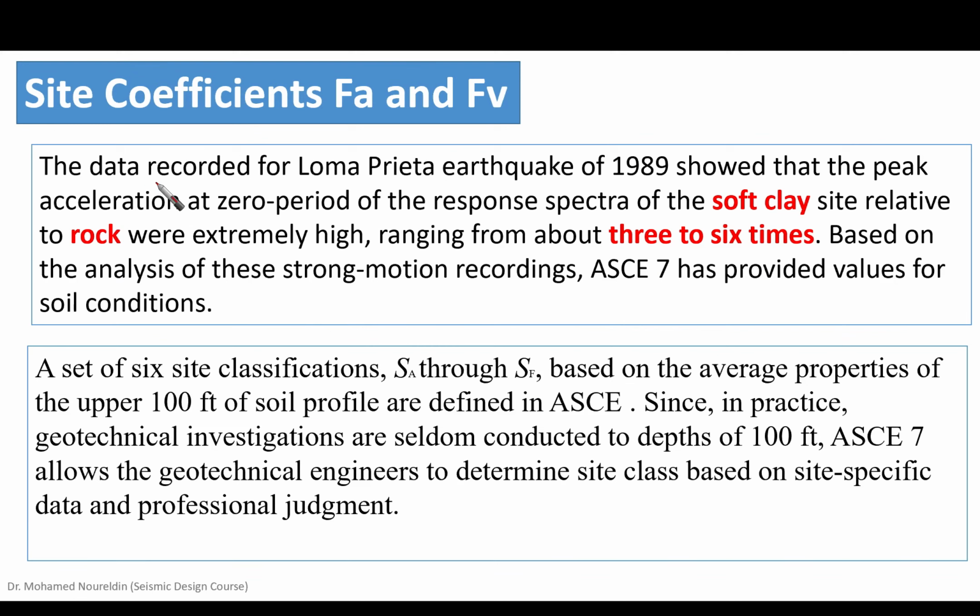Now, the site coefficients Fa and Fv. Whenever we are dealing with an earthquake that is going to happen, it has a source. If we have the ground here and this is the source of the earthquake, and we have the building here, for example, the waves approaching this building would go through different soil deposits, right?